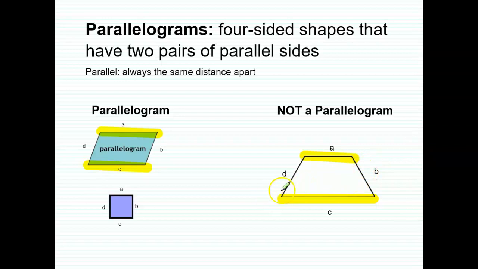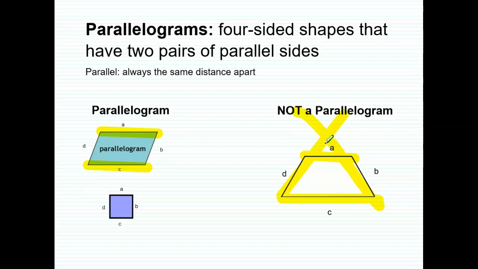The reason they're not parallel, boys and girls, is because look, if they continued on, they would not stay the same distance apart. Look, they would actually get closer together and intersect. So this quadrilateral isn't a parallelogram. Pause the video and compare and contrast shapes that are parallelogram and shapes that are not.